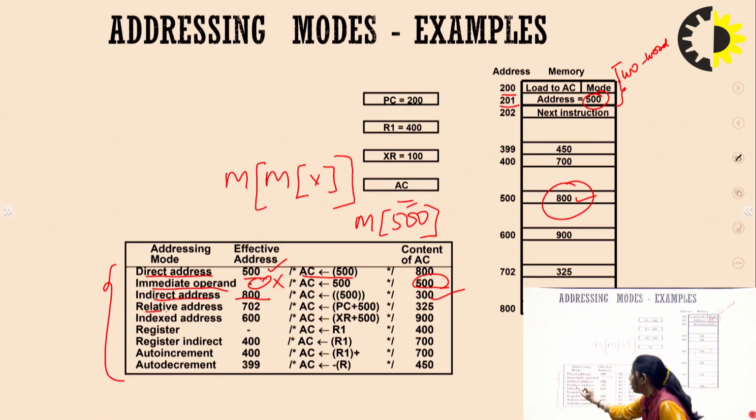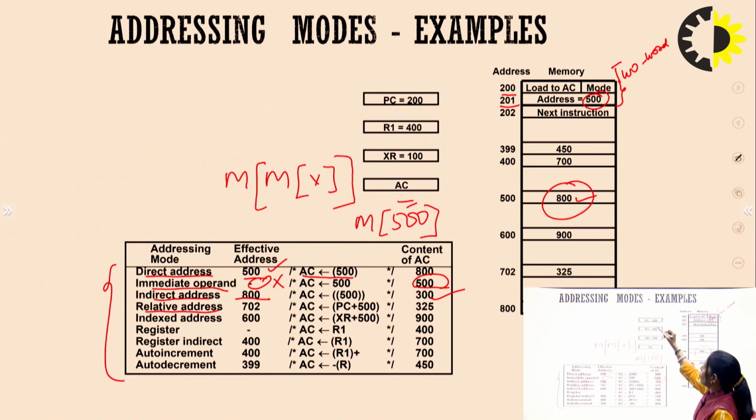Then is the relative address. Relative address, that I have already explained. What it does, it adds to the program counter. So the instruction need not move again and again. It's already having the instruction, and it can be moved to the next location the program counter is pointing to. So the program counter was having the value 200, and our next instruction will be where? The next instruction that started from 200 will be 202.